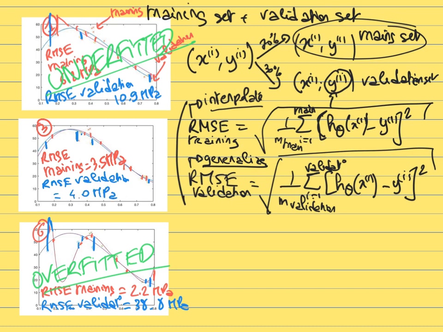So in this case, it's predicting almost with the same accuracy the training set and the validation set, which is typically the signature of a good model. A good model should predict with the same level of accuracy the points that it is trained on and the points that it is validated on.